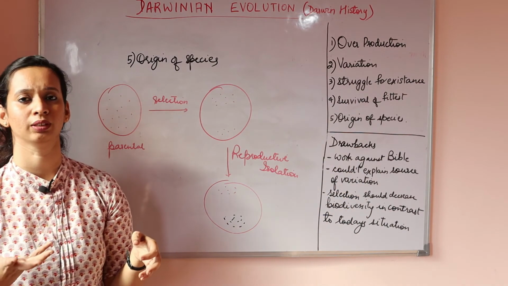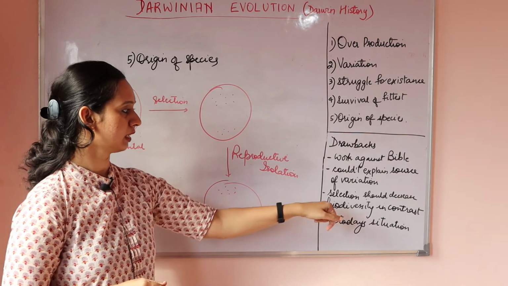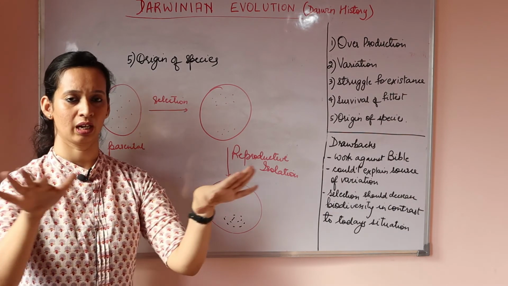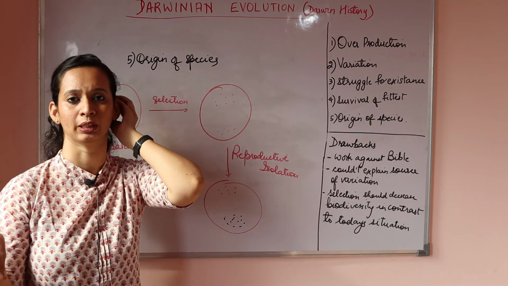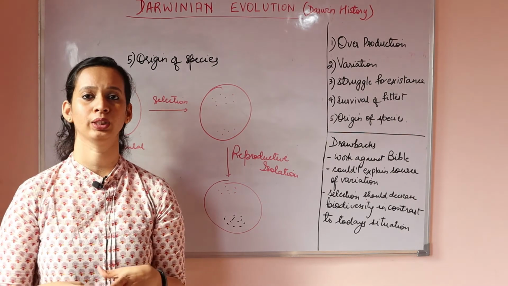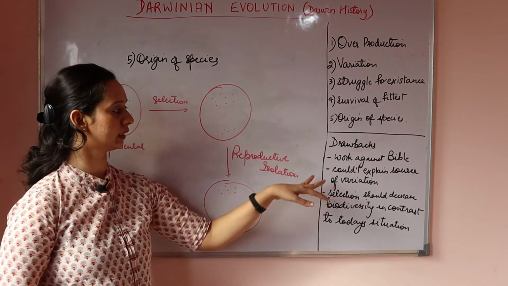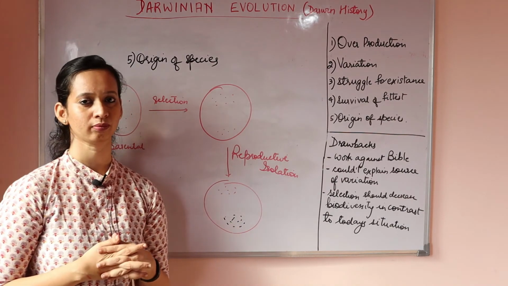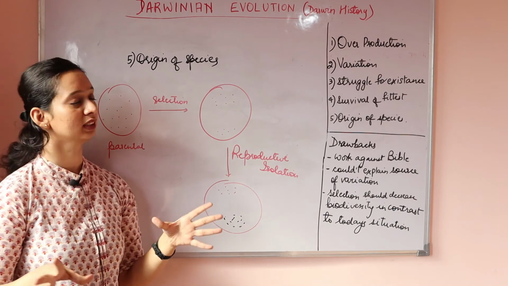How does variation occur? That he could not explain. And third, selection should actually decrease biodiversity. If out of several populations you are selecting one population, then the biodiversity should decrease. But actually the biodiversity has increased. So he could not explain those parts of his theory. So this was all about Darwinian evolution.